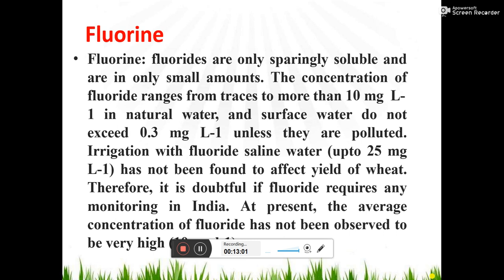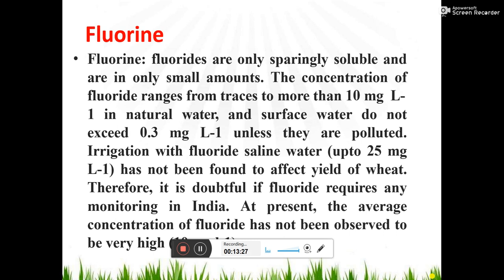Then fluorides are only sparingly soluble and are in small amounts. The concentration of fluorides ranges from traces to more than 10 milligram per liter in natural water, and surface water does not exceed 0.3 milligram per liter unless it is polluted. That means fluoride contents occur in very small amounts.